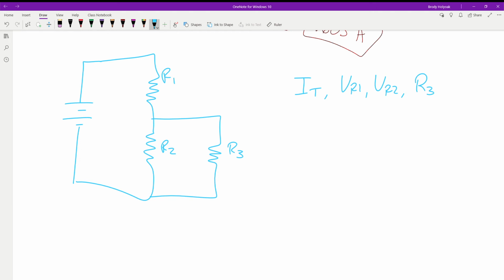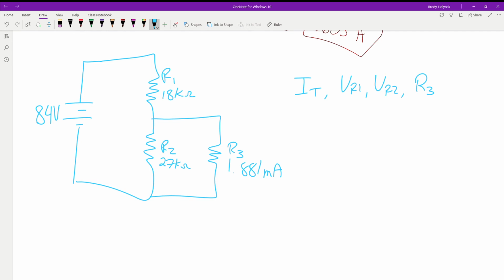So we're going to start with 84 volts. R1 is 18 kiloohms. R2 is 27 kiloohms. And our current across R3 is 1.881 milliamps.